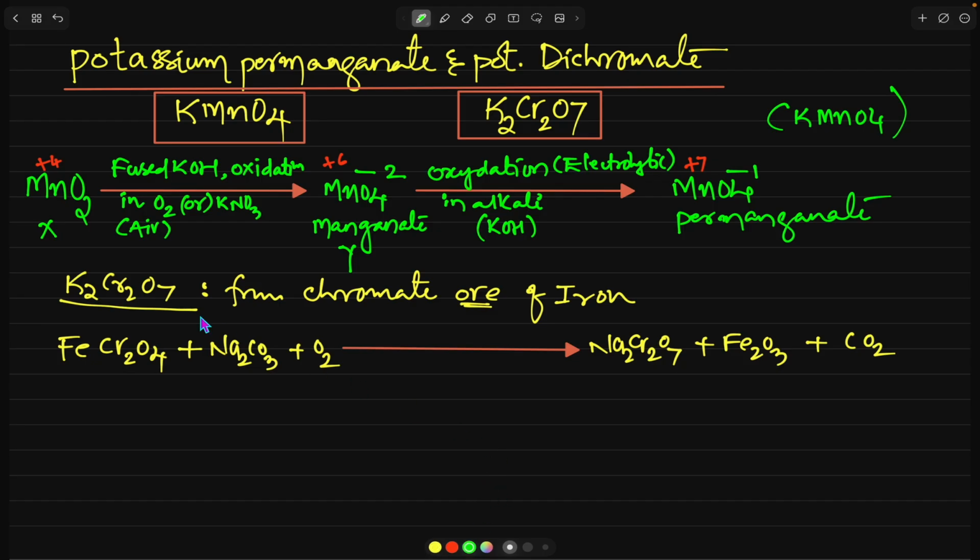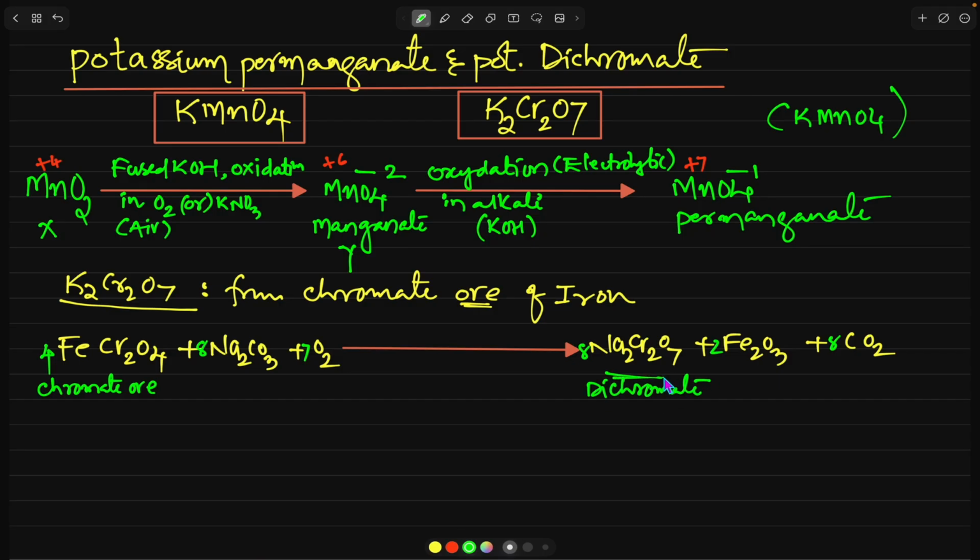So let us balance this one here. This is how you balance this reaction. It's a simple oxidation reaction. This oxygen is going to convert this chromate ore. Chromate ore is converted into dichromate.